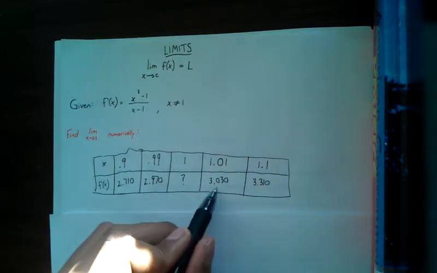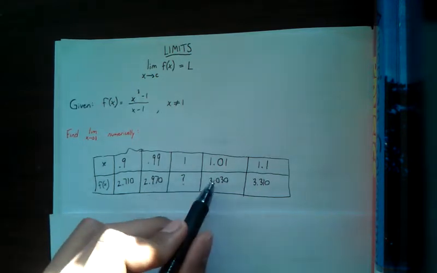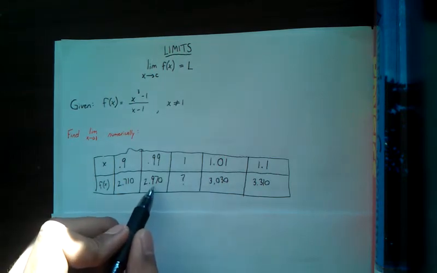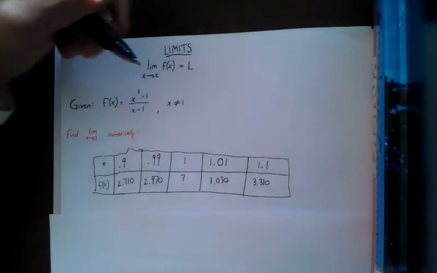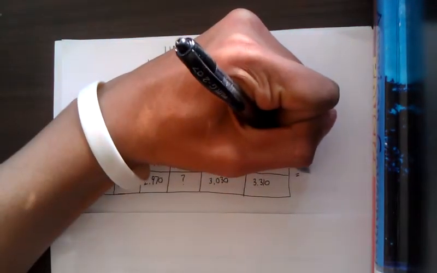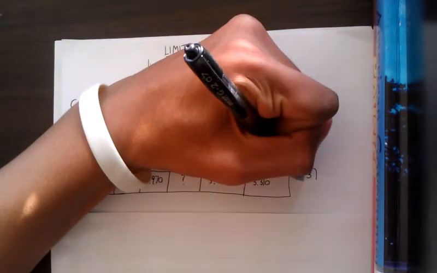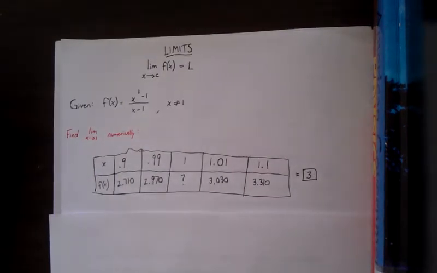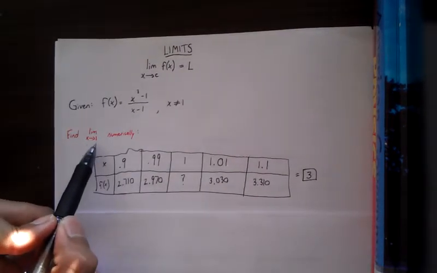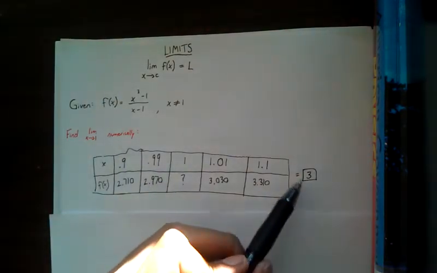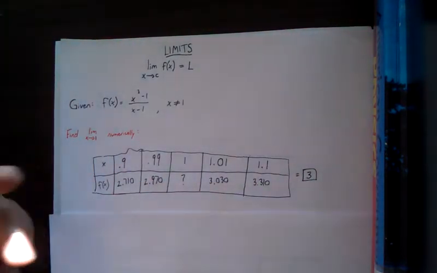And so between 1.01 and 0.99, it seems to be approaching 3. So that means that the limit is going to equal 3. That's just saying that as this function approaches the x value of 1, the y value at 1 is going to equal 3.